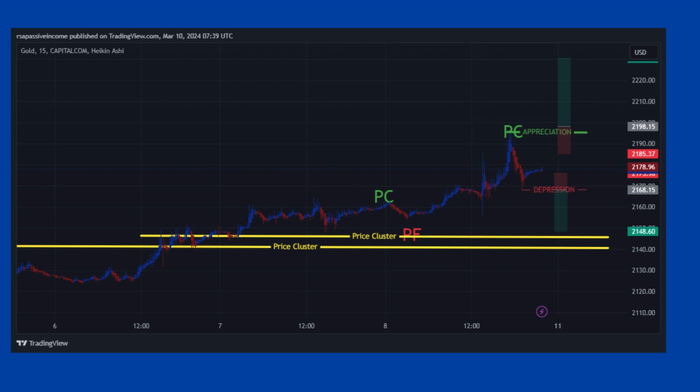The price floor is not clearly established yet, but what you can do is use Fibonacci extension. See how far the price will be extending. Right there.